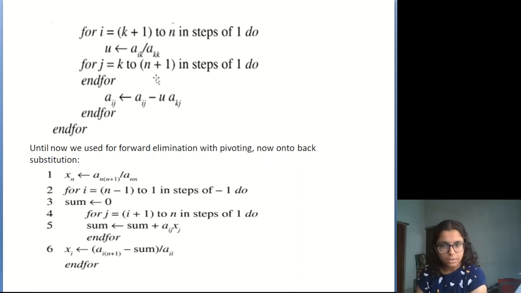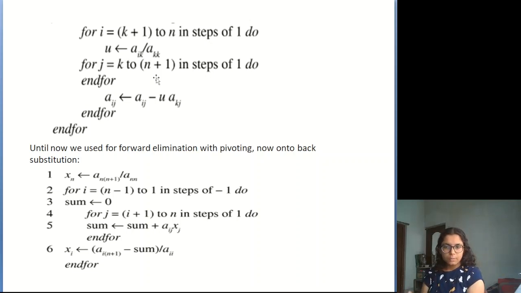During this triangularization, the next part is for i equals k plus 1 to n in steps of 1, and we had some values, right? We generated a value of k2, we generated a value of k3, that we have seen in the earlier part of the video. So now we are doing that in the algorithm.